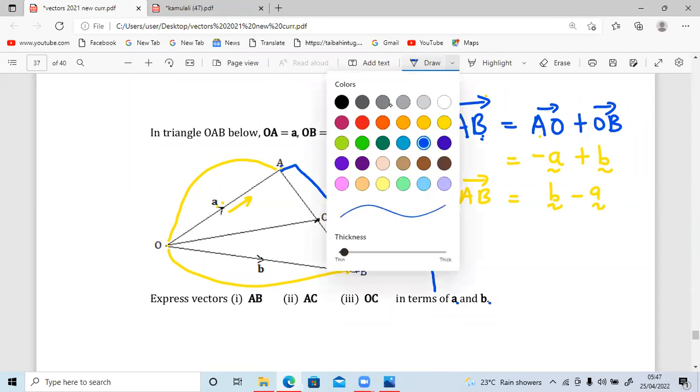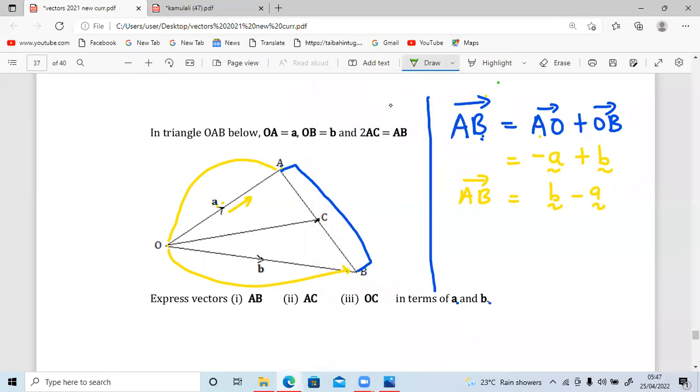Good. So now we are going to the next one. The next one is telling us to find AC. But always I want you to read the question. Yes, Monica, ask. I was asking here on AB, why didn't we say OB plus minus OA?